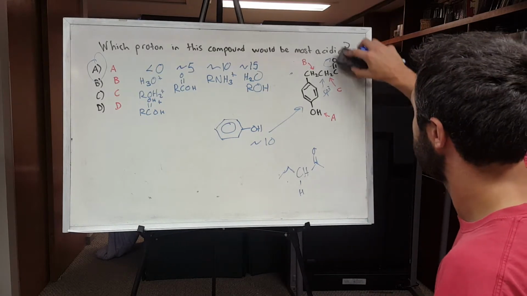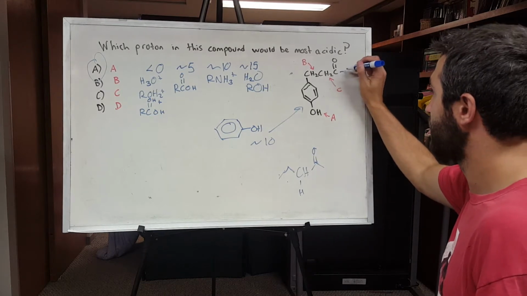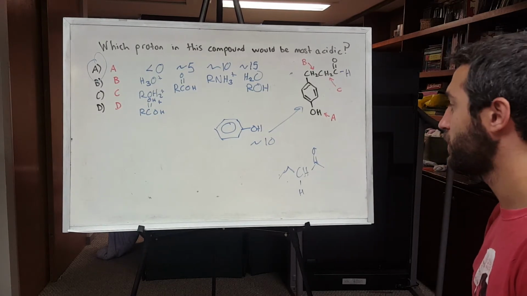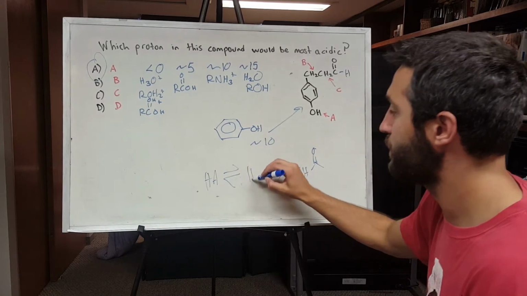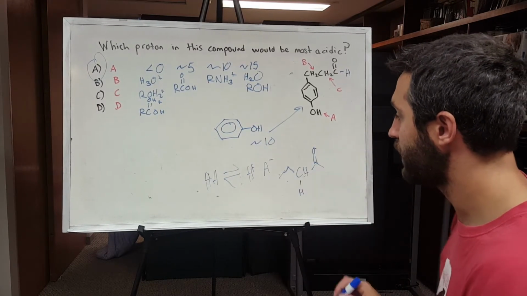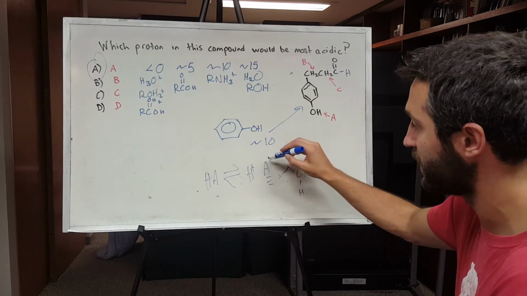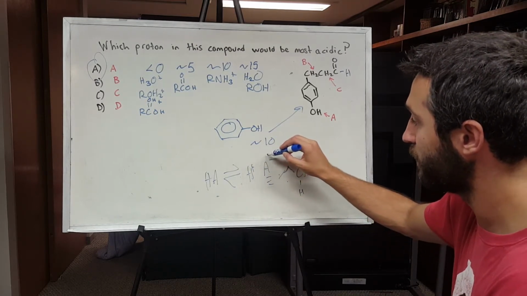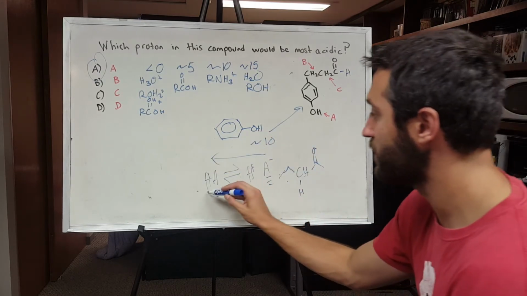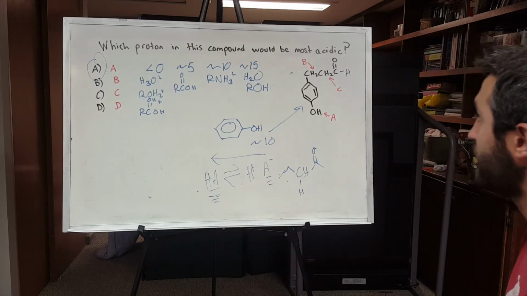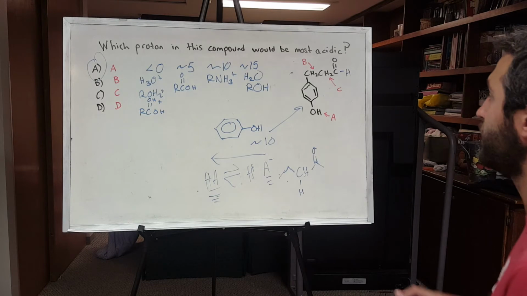I would expect the same for B. That shows the conjugate base is unstable. If this conjugate base forms in solution, it will immediately pick up a proton and go back over here. So in solution, you'll just find the acidic form, the form with the hydrogen on it. That would be for D.